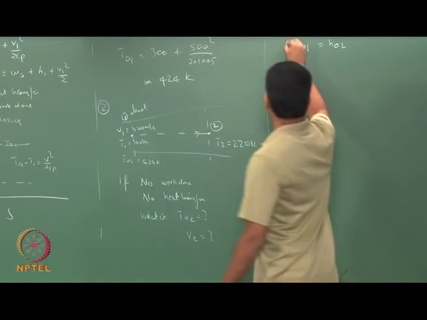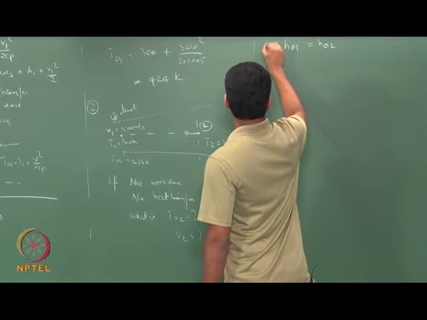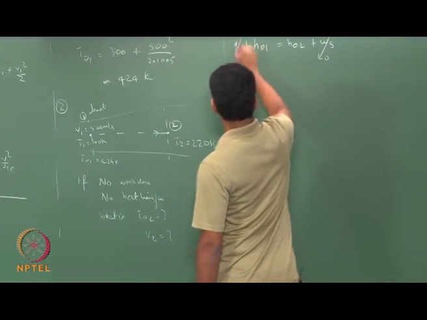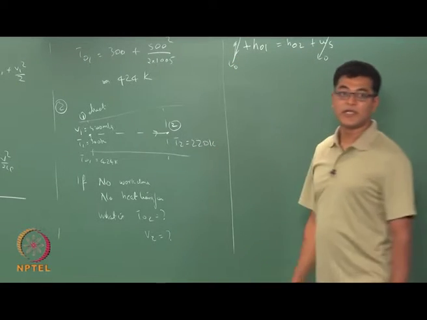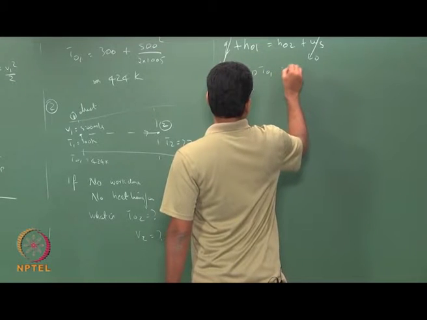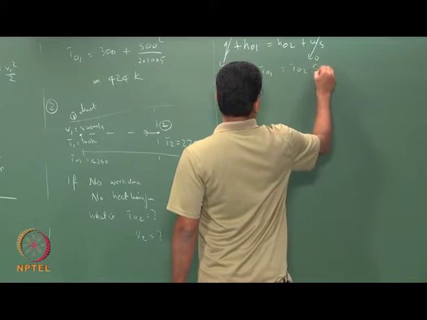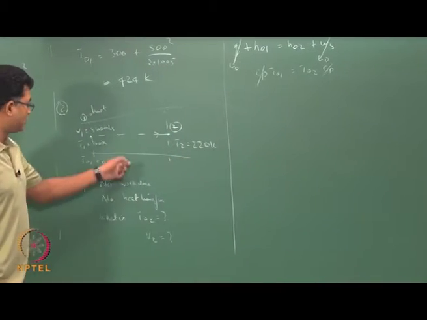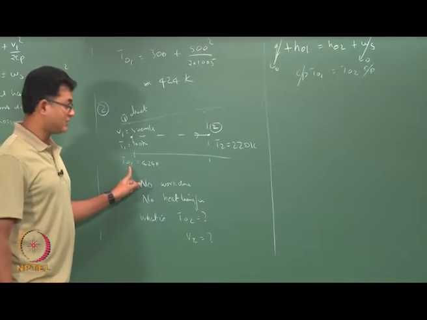How did I get this? From the energy equation where I assume this to be 0. So, I end up with H01 equals H02, which is nothing but T01 equals T02. Okay. So, my T02 is same as my T01.